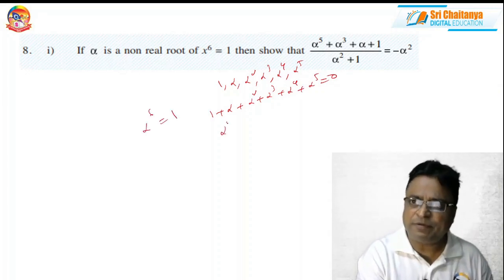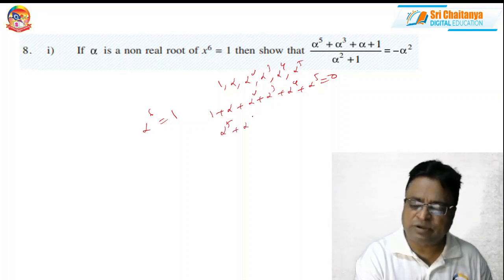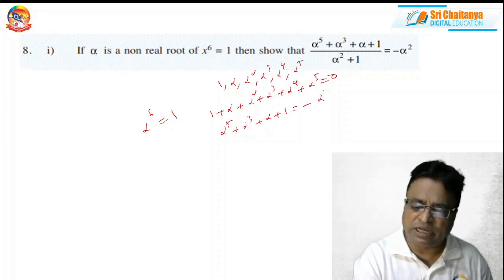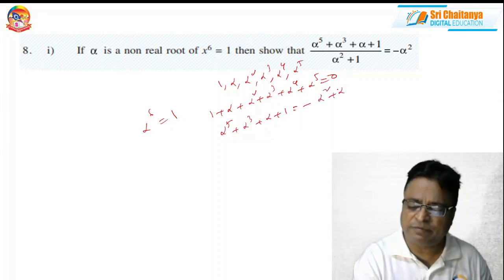So alpha power 5 plus alpha cube plus alpha plus 1 equals minus of (alpha square plus alpha power 4). Take minus alpha square common and you write this as alpha square plus 1.